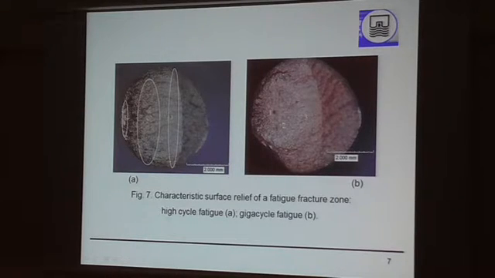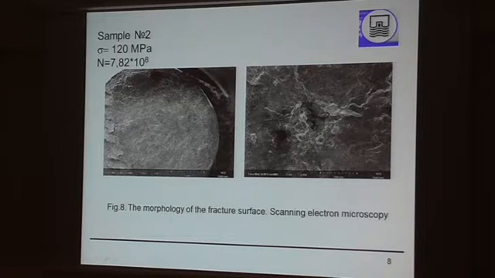This slide shows the characteristic surface relief of a fatigue fracture zone under high cycle fatigue and gigacycle fatigue, and we can see the fisheye. And this slide represents the morphology of the fracture surface obtained by scanning electron microscope.